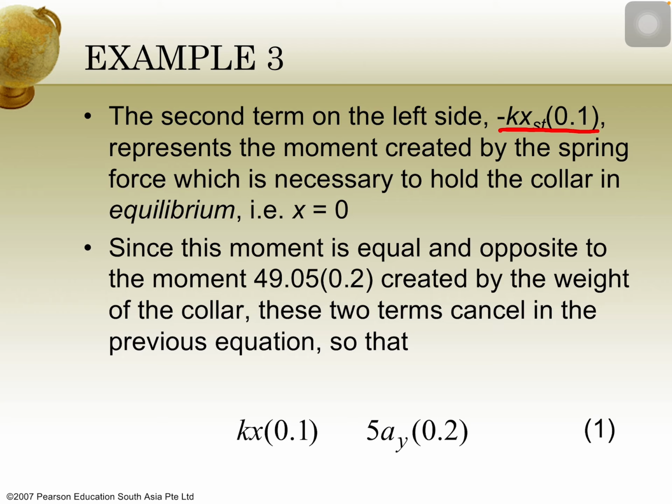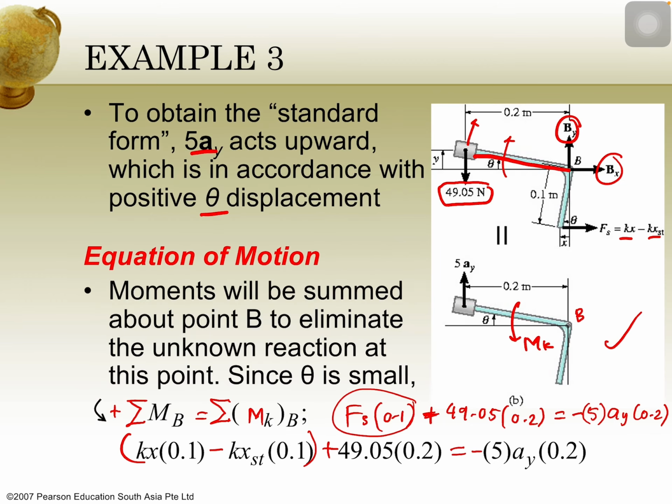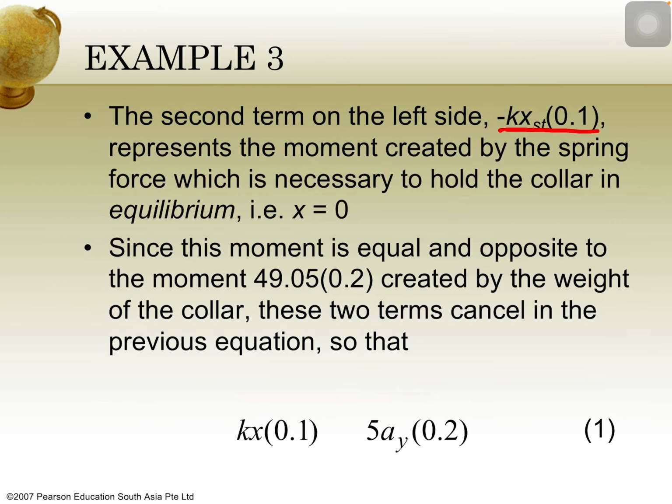These two terms cancel in the previous equation. Both of them are similar in value but different in direction. Therefore we can cancel these two. Alright, so the outcome is this equation.